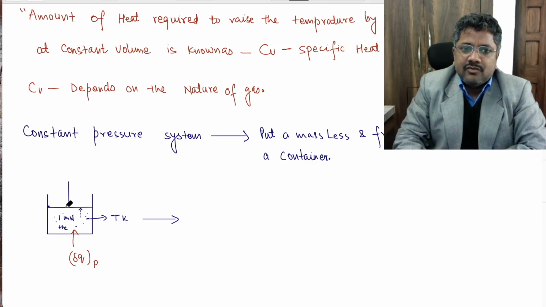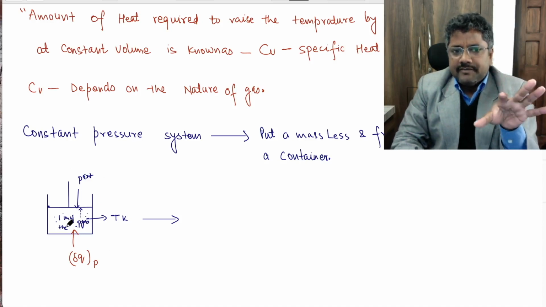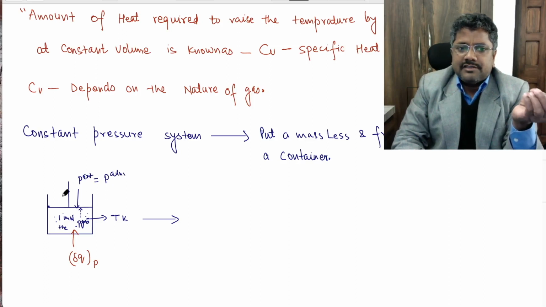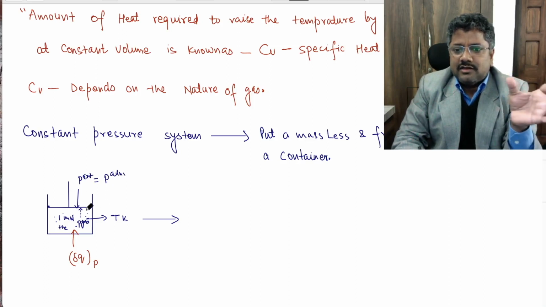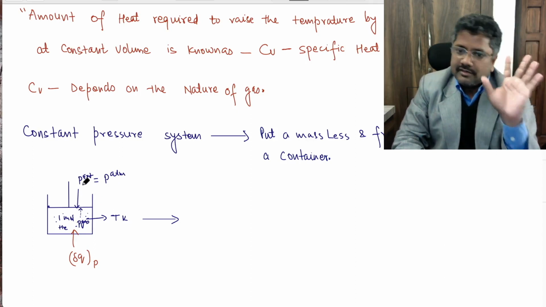This wall is rigid, only the piston can be shifted, and outside pressure, P external, and P gas is same. Means whenever you put this massless and frictionless piston, every time the pressure of the gas is equal to the external pressure, and you can say this is equal to the P atmospheric, because this piston is massless and frictionless, there is no mass of this piston. So every time this P external is equal to atmospheric pressure, so the pressure of the gas is equal to the atmospheric pressure. Clear to everybody?